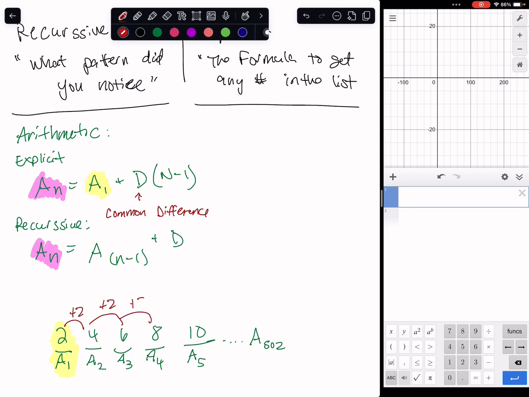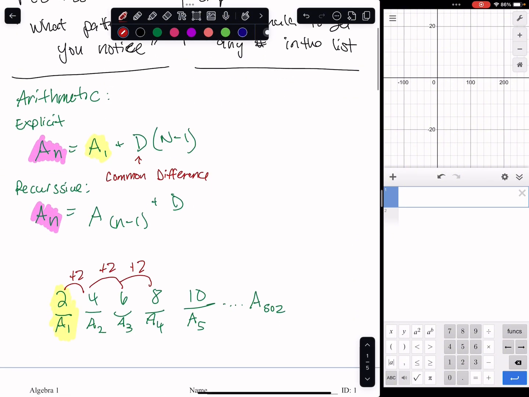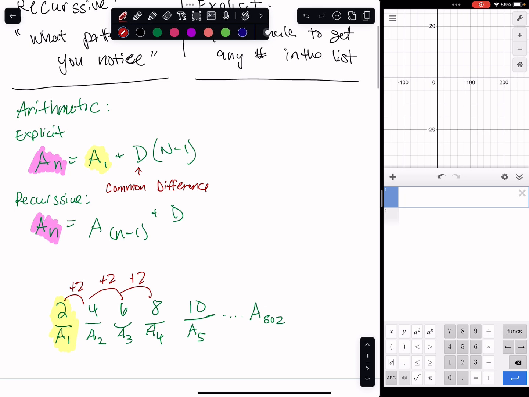Right here, plus 2. So my common difference would be 2. When we write our work out, you'll probably want to start by saying my a of 1 will be 2, and my common difference would be 2 in this case. And then you can fill your stuff out.